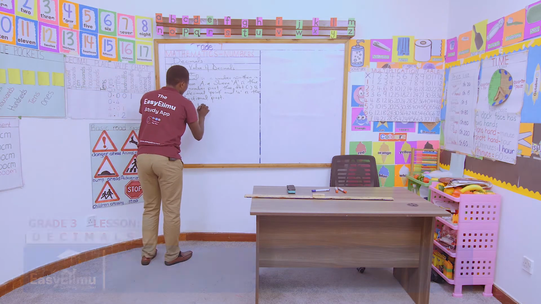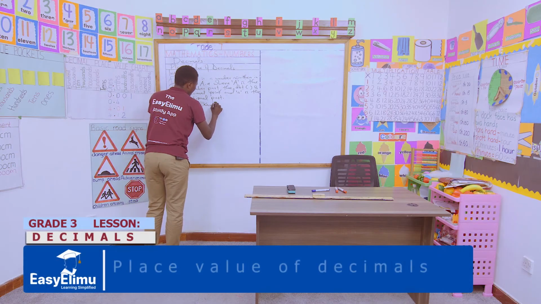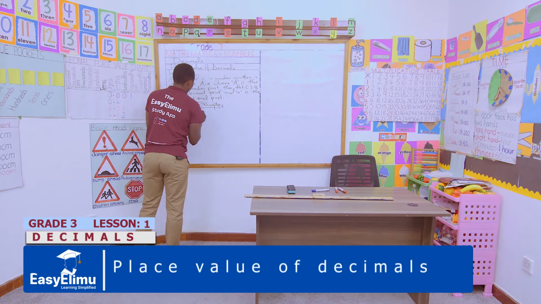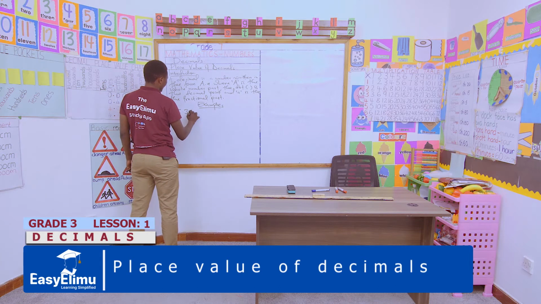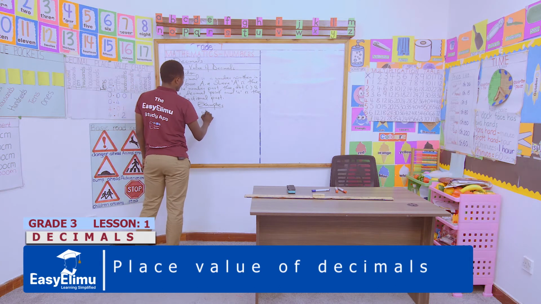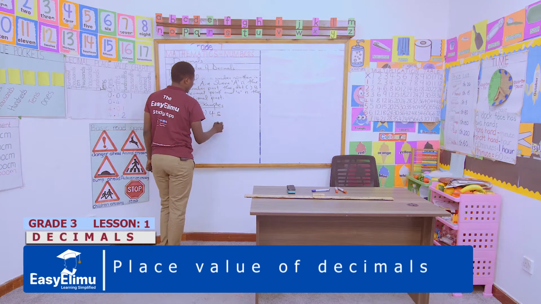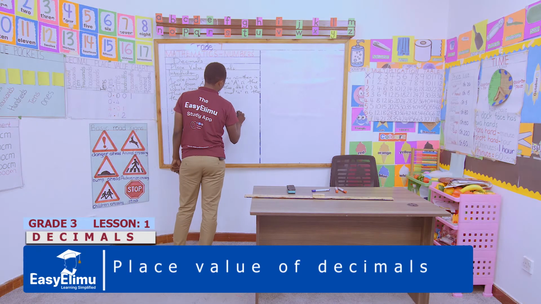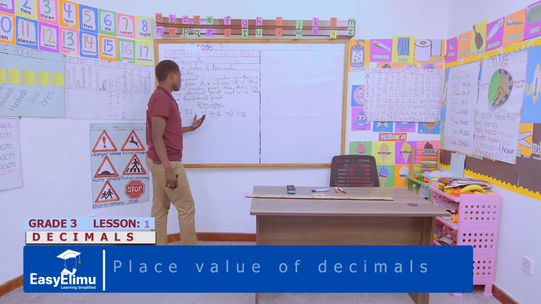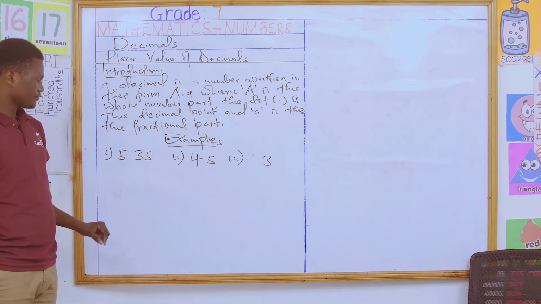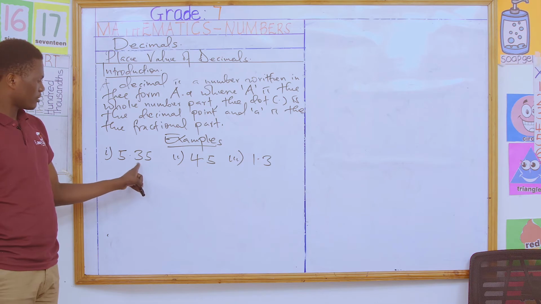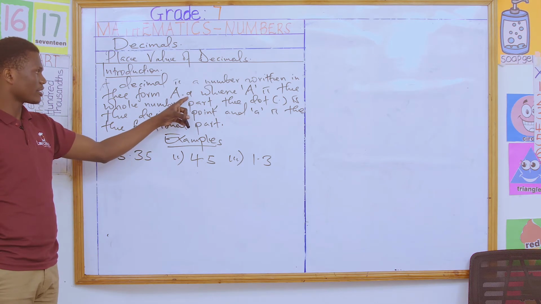For example, we can have: Roman 1, 5.35; Roman 2, 4.5; Roman 3, 1.3. All these are decimal numbers. In the first, 5 is our A, and 3 and 5 are represented by the lowercase a.